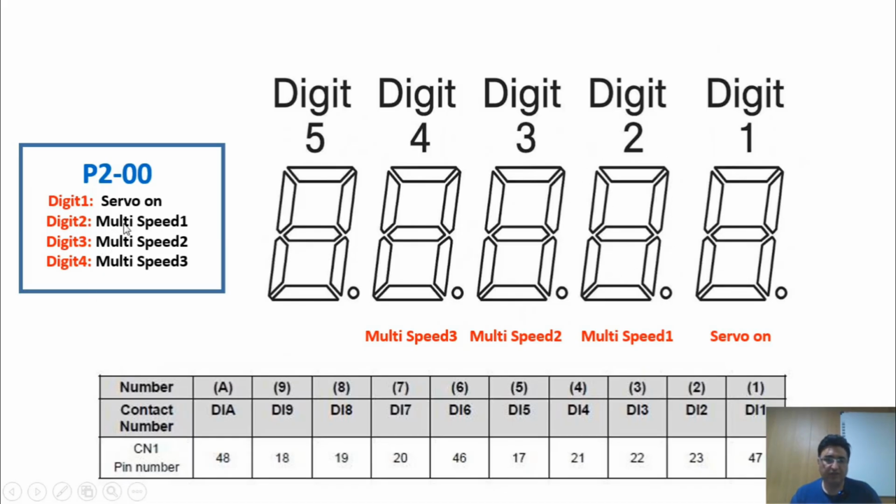For this digit, we can also set a value from 1 to 10. If we set it to 1, then terminal 47 will be assigned to the multi-speed 1 function. If, for example, we set it to 5, then terminal 17 will be assigned to the multi-speed 1 function. In this flexible manner, we can enter various values as needed into these respective digits, thereby configuring the system according to operational requirements.